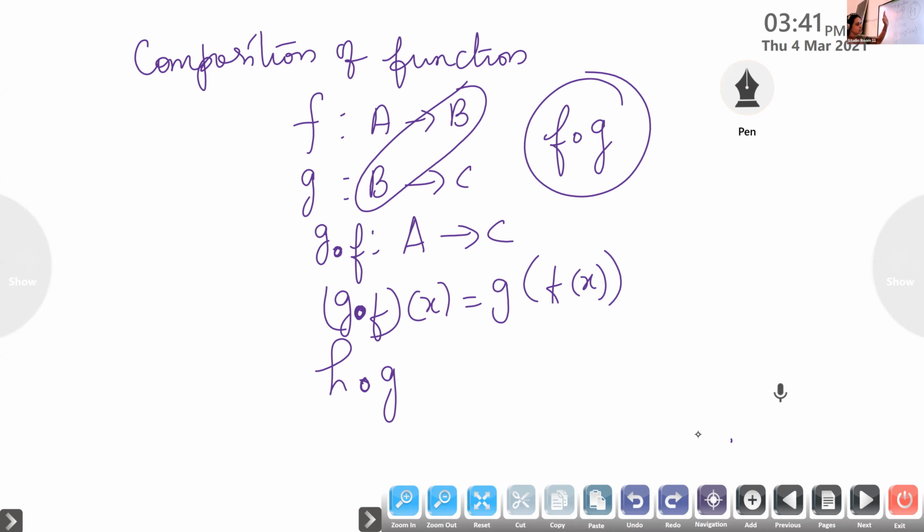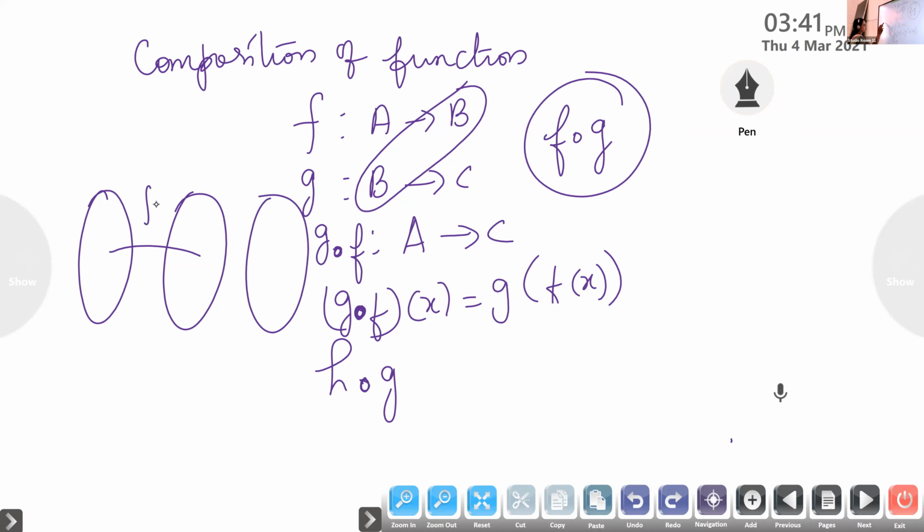So if f is a function from A to B and g is a function from B to C, then g composition f is a function from A to C. You can show this diagrammatically. f is a function from A to B. So here if it is x, here you will get f of x. g is a function from B to C. So here you will get g of f of x.